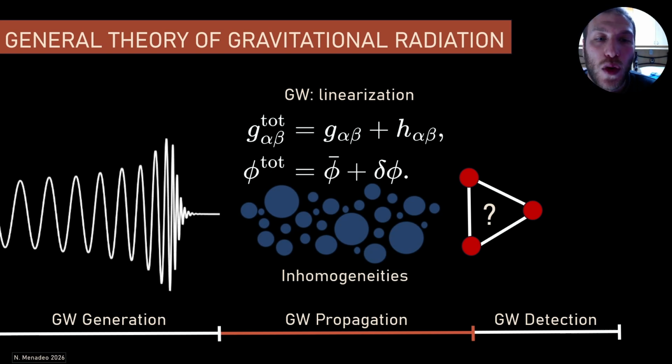Gravitational waves travel through galaxies, clusters, compact objects, and in many modified theory scenarios, for example, possibly through screened scalar field configurations. This inhomogeneity then breaks the symmetries of the cosmological background and makes the phenomenology of the propagation problem much richer. This is basically the starting point for us of the following discussion.